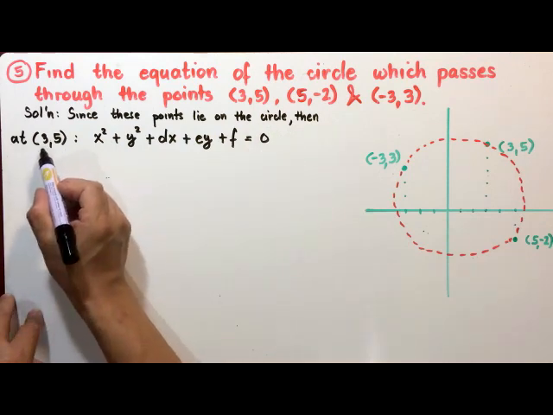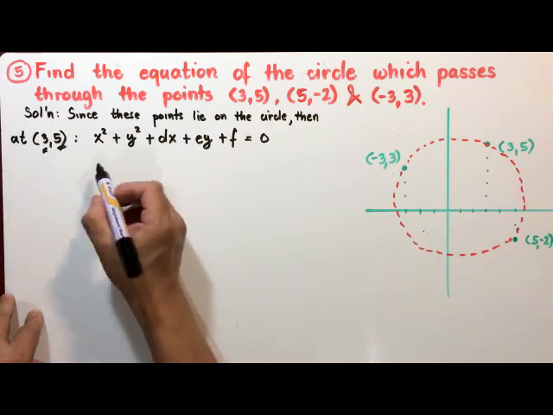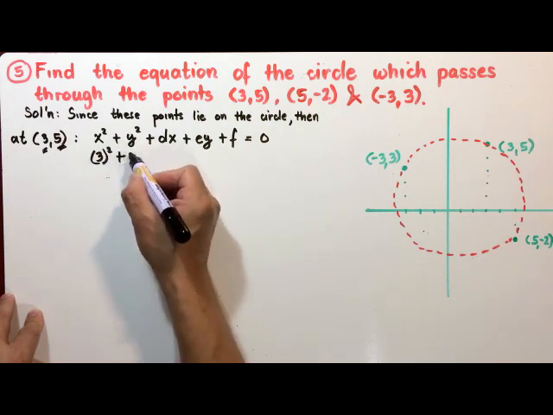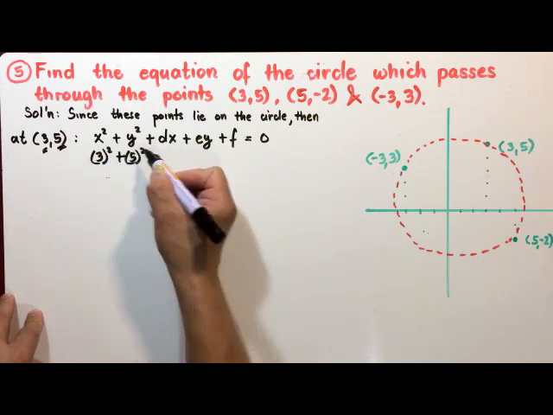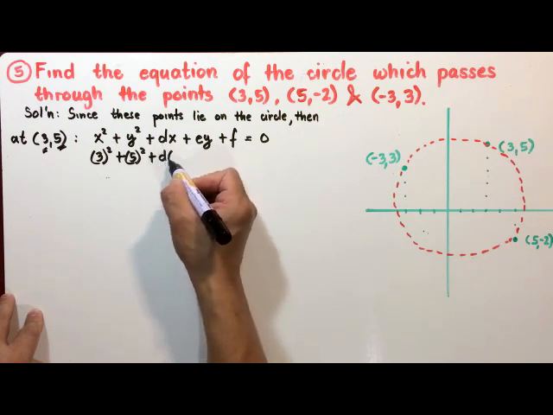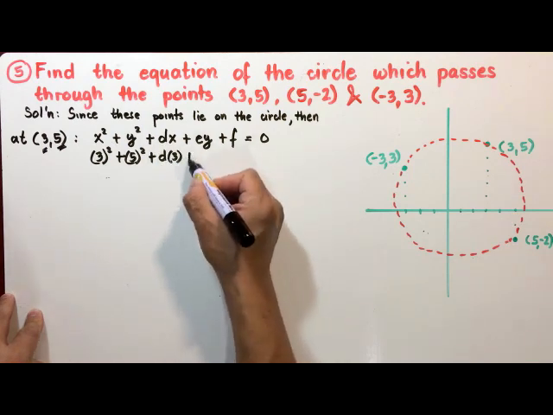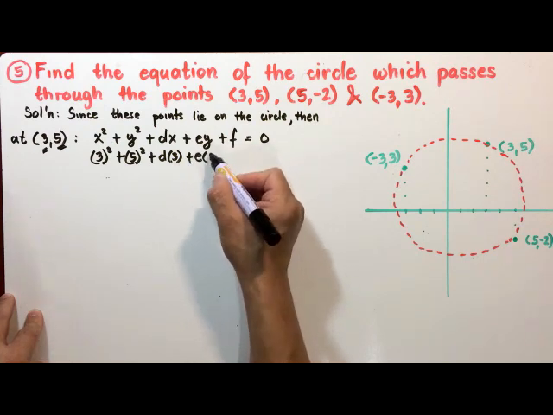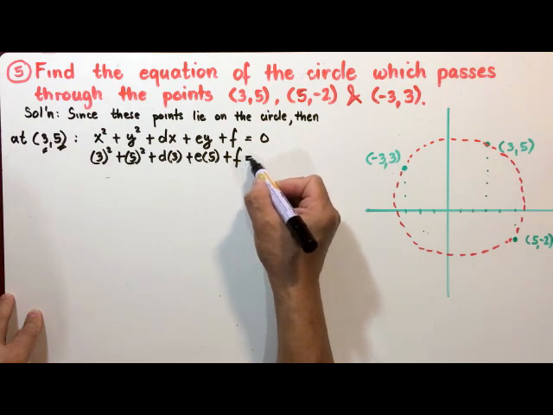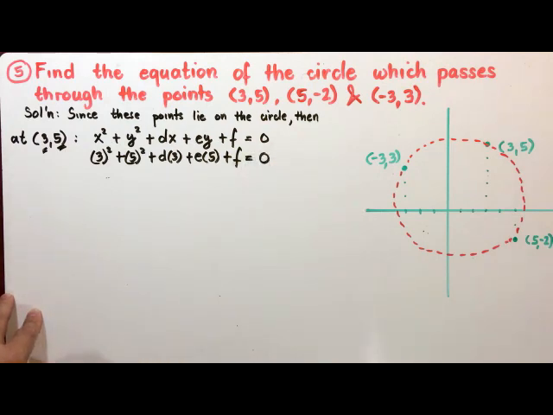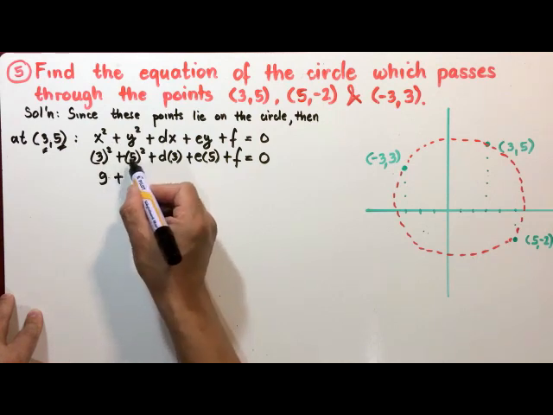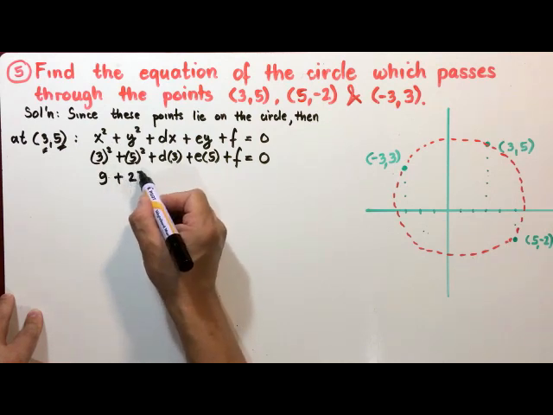So substituting the values of x and y in the equation, we have 3 squared plus 5 squared plus d times 3 plus e times the y, which is 5, plus f is equal to 0. So what is 3 squared? That's 9. And 5 squared, that's 25.